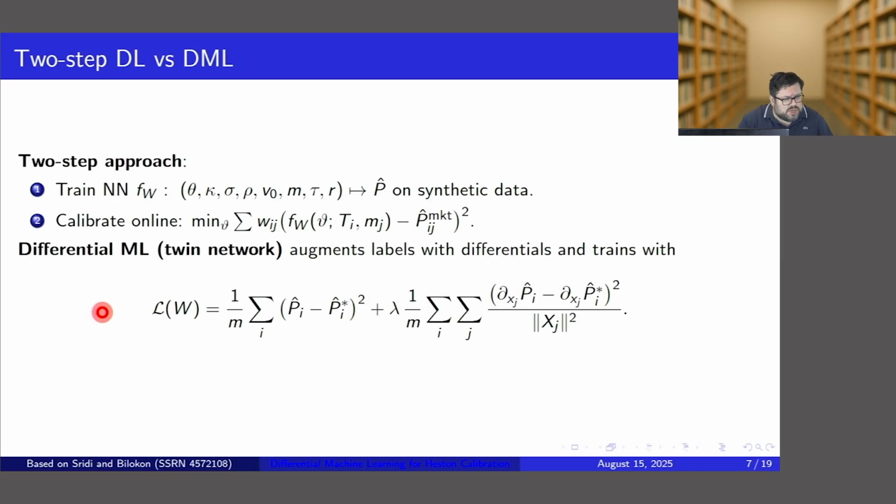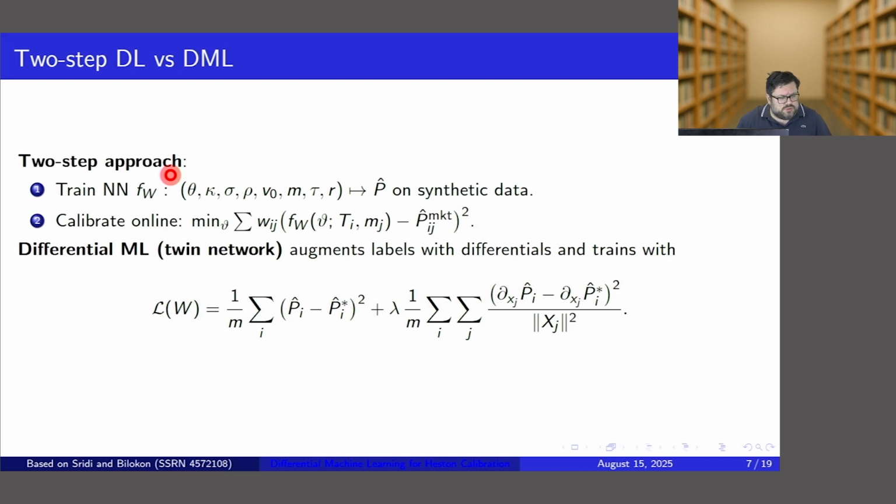So we have this comparison of two-step DL versus DML. What's that? It's an important conceptual comparison. The classic two-step deep learning approach is quite straightforward.